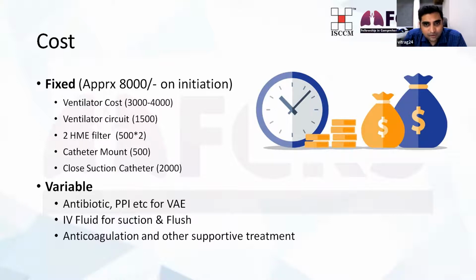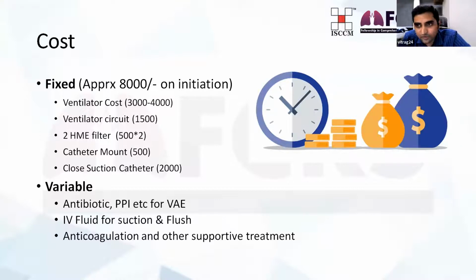So just the minimum cost to start the ventilator in any tier 2 city would be, ventilator cost would be 3,000 to 4,000 depending on your hospital policy. Ventilator circuit, any standard circuit cost would be more than 1,000, at least 1,500 to 2,000 of most of the companies.